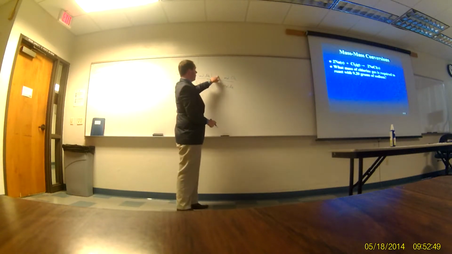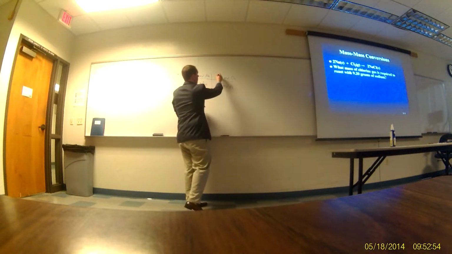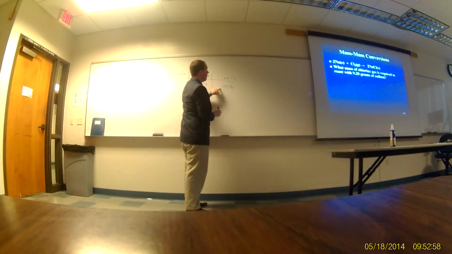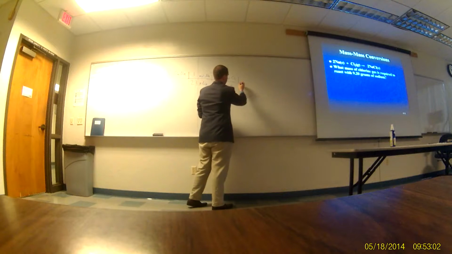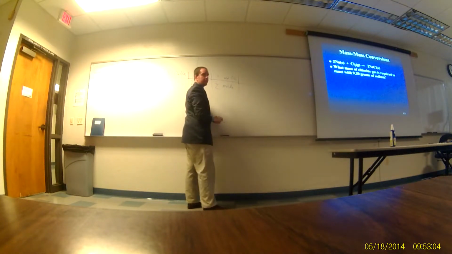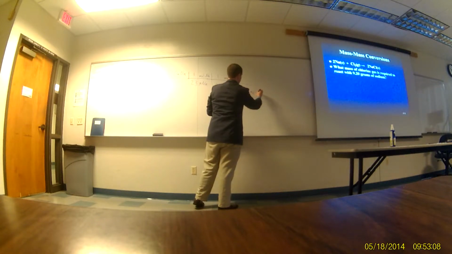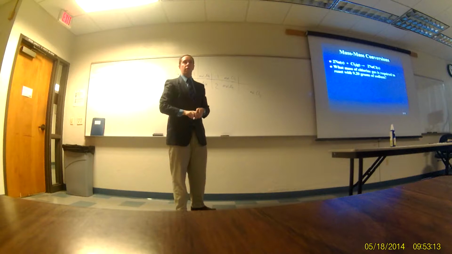So now what number goes here? 1. The coefficient on Cl2 is 1, and sodium is 2. That's my unit down here. Moles of chlorine. And what goes up here? Grams of chlorine.